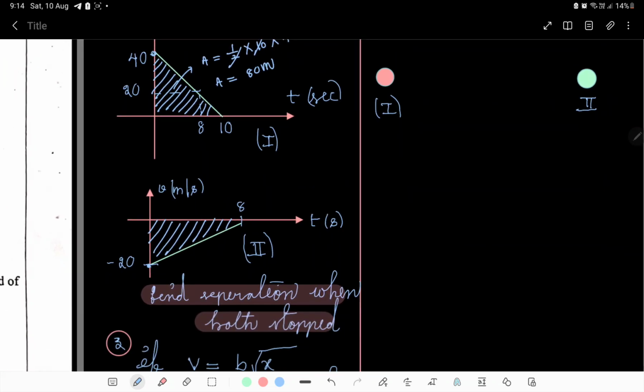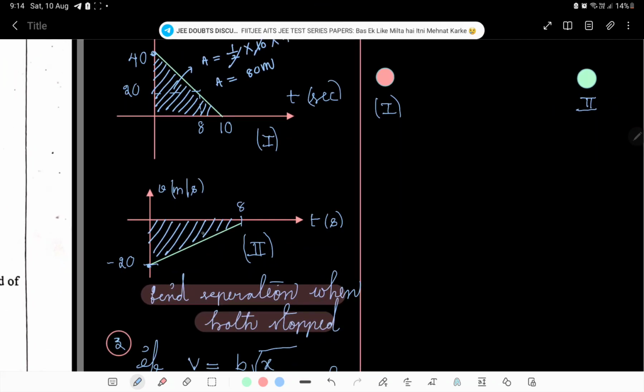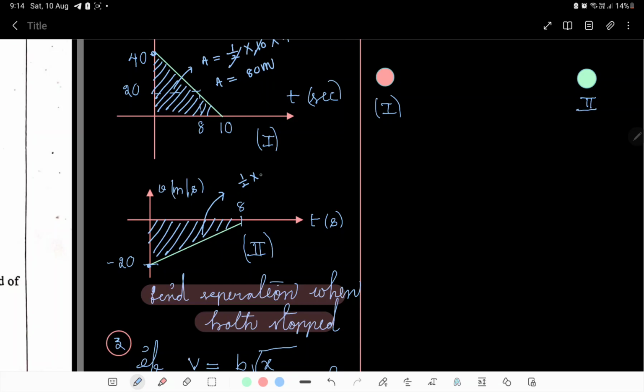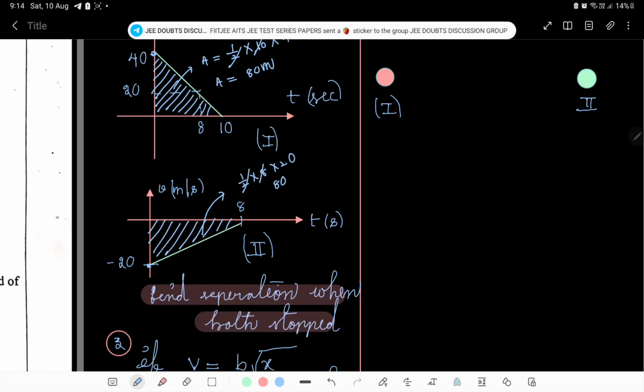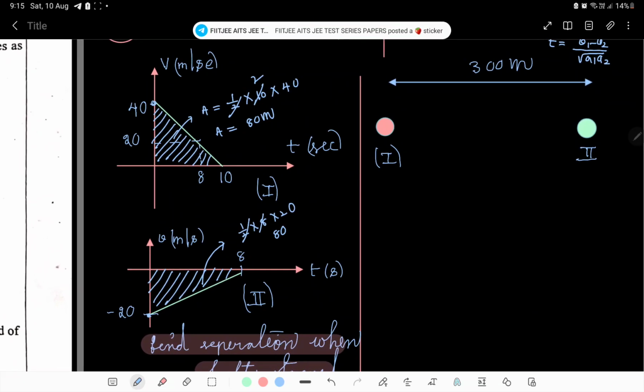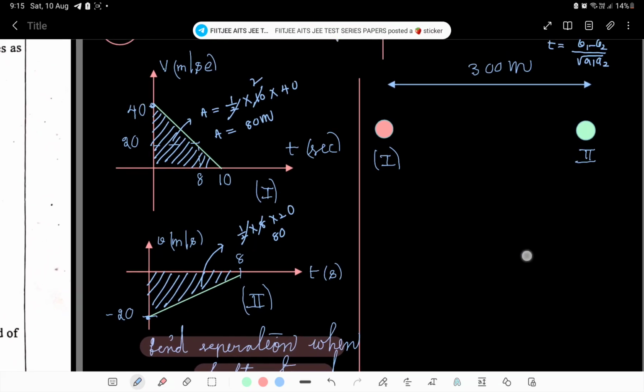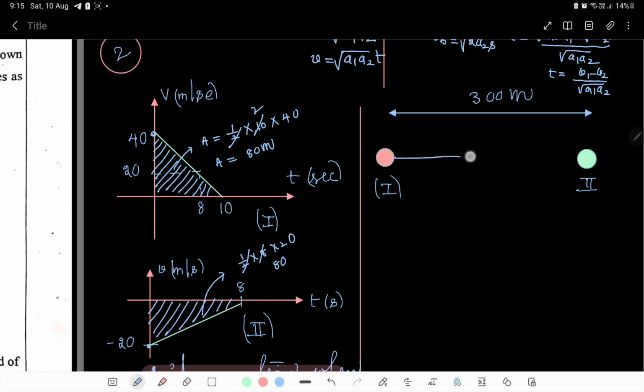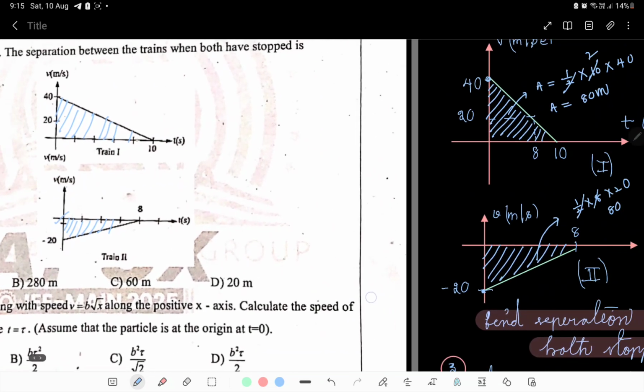And coming to this area under this graph, it will be the same: half into base, 8, into height, which is nothing but 20, 4 times, that will be equal to 80, right? So 80 and 80, therefore there is a difference of how much? So that will be like 300 meters, right?